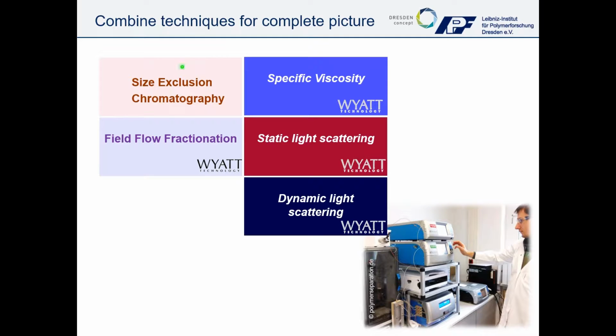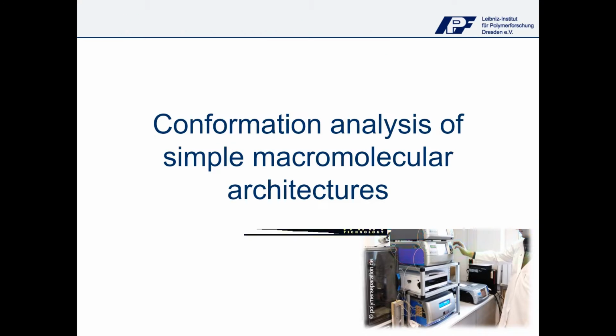This coupling between one of the separation techniques, size exclusion chromatography or field flow fractionation, and the three detections can be done very well, as you can see here in our lab, and delivers quite interesting results in terms of macromolecular separations as well as characterization of biomacromolecular systems, which I'm going to show you in the next two sections.